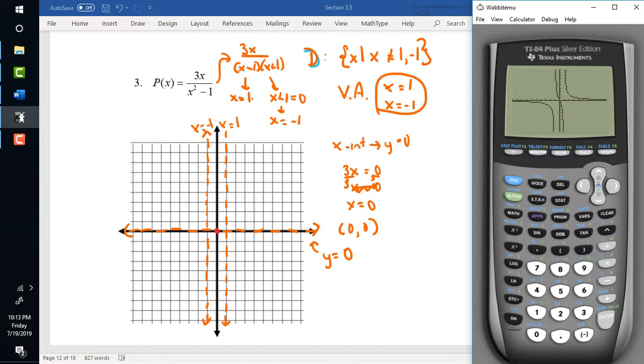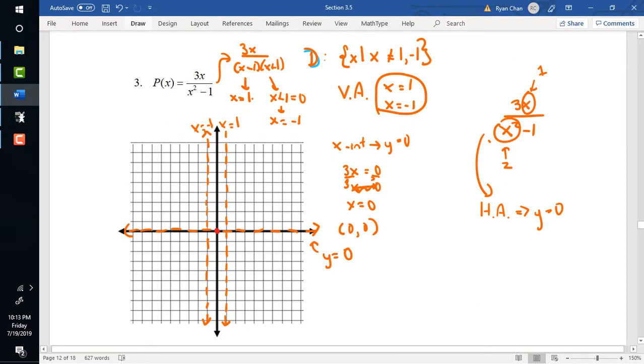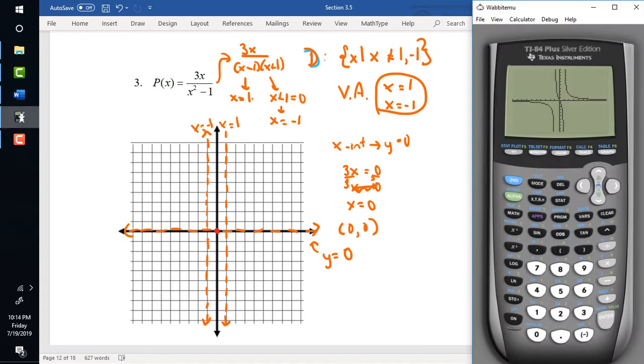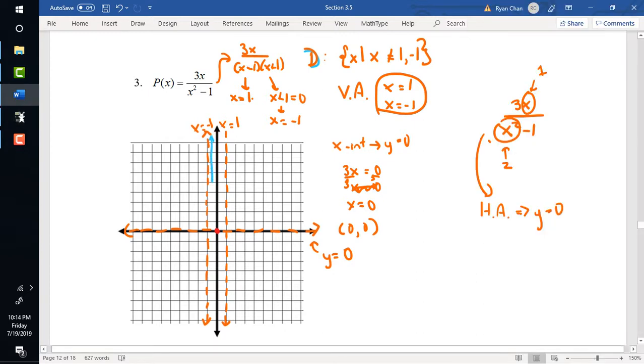That makes sense because at y equals 0, I have a horizontal asymptote. So even though I didn't graph my actual graph, my boundaries do make sense, and it does cross at the intercept, which I said it would. So it looks like this.